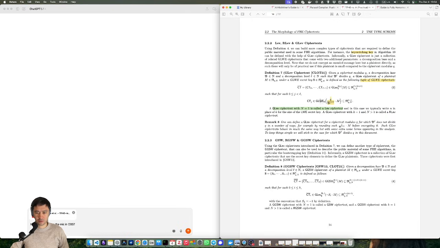And so GLWE is basically modules, maybe. RLWE is just ring, and LWE is just in Z_q, I guess. That's the way they define things.